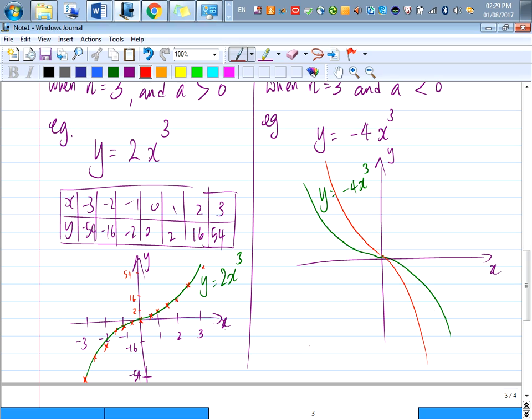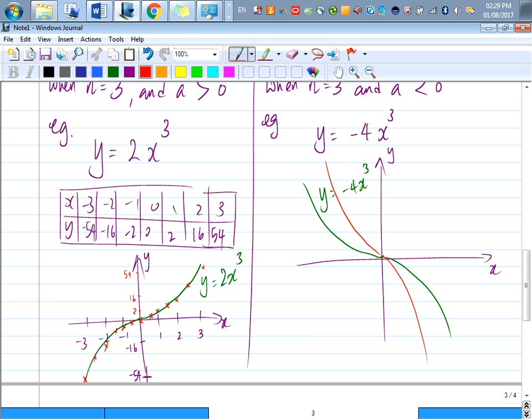When I want to find the gradient of a curve, I need to draw a tangent. Anybody heard of a tangent to a curve before? Not exactly the Tokaso thingy, but a tangent to a curve. Let's say I want to find the gradient of a curve. You don't know how to do that. You only know y2 minus y1 over x2 minus x1. That is for a straight line.